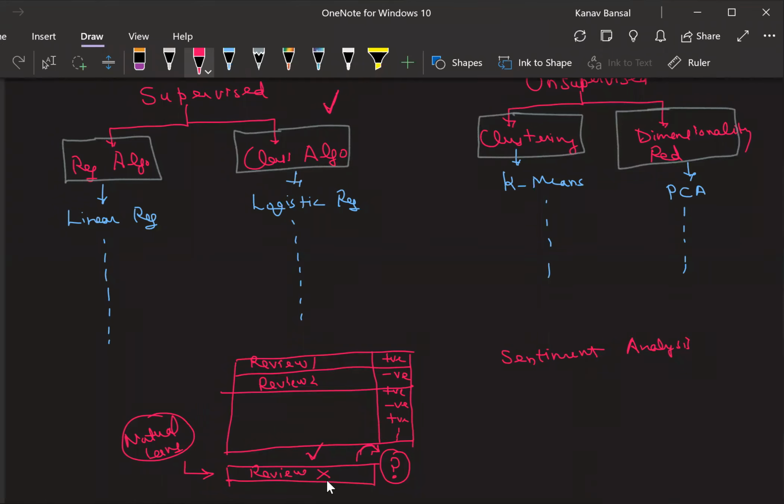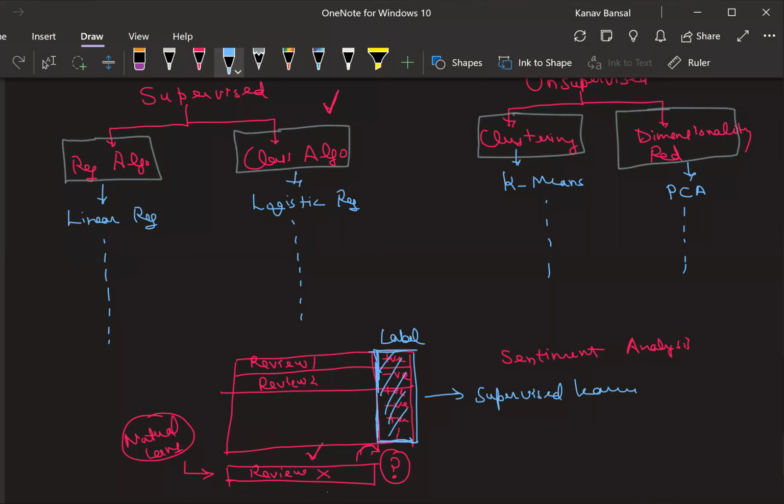Everyone understood this thing? If you have, can you please tell me what kind of task do you see? This is the label we are trying to predict. What kind of task is it? Try to think of it. Classification, right? It is supervised learning. First of all, the reason is we are given the label.